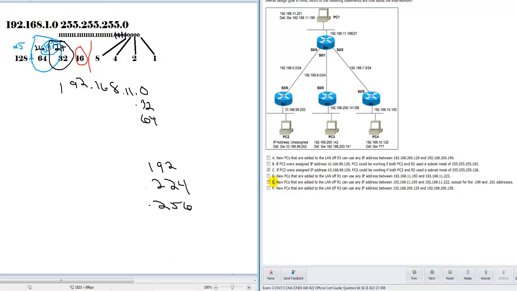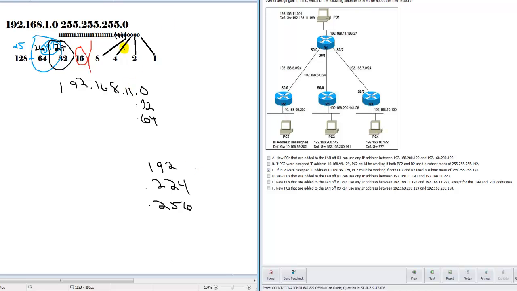So we were on question E. The new PCs that are added to the LAN off router 1 can use any address between 193 and 222, except from 191 and 192. So that's pretty much the same question, only confirming that it's 222, right?